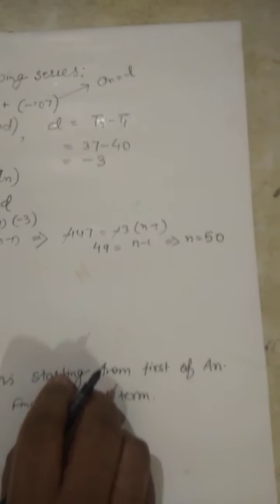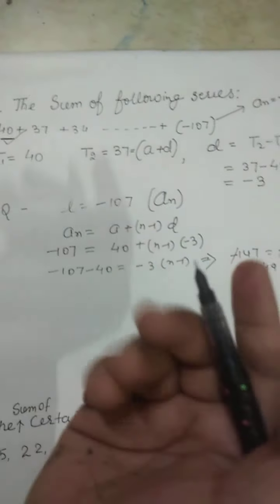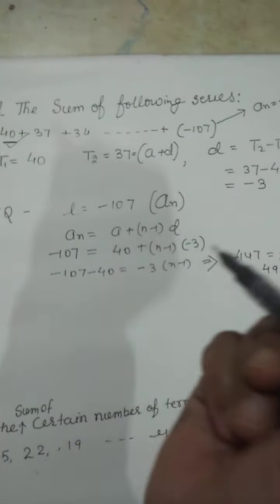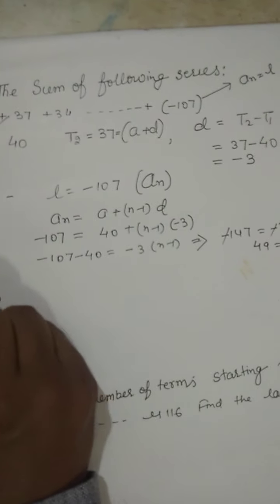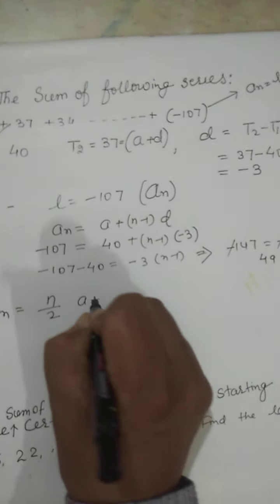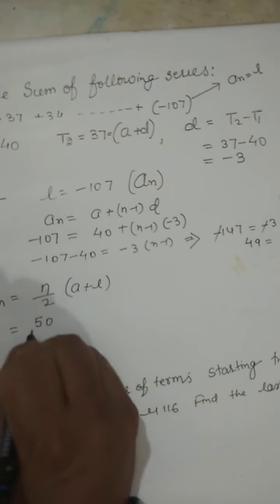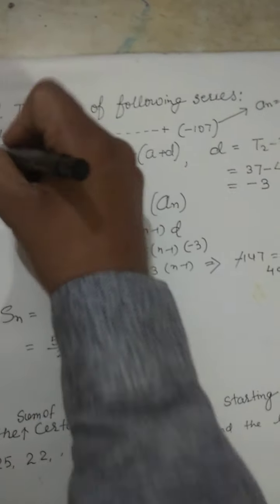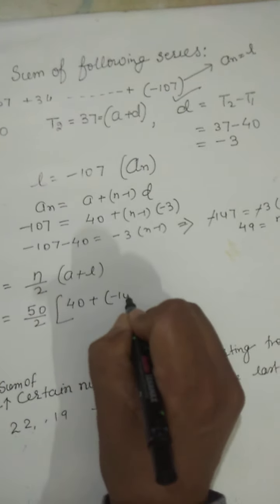So now what is given here? Now you can use both formulas. So I am trying to give you Sn is equal to n by 2 times a plus l. Here Sn is equal to n by 2 times a plus l. n is equal to 50, so 50 by 2. a is given, 40, plus minus 107.